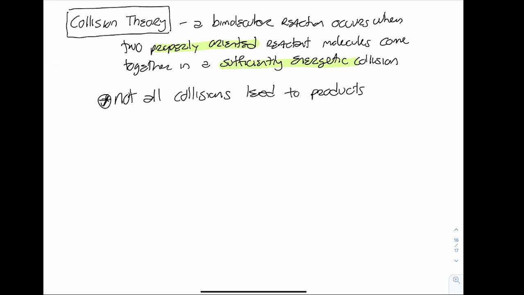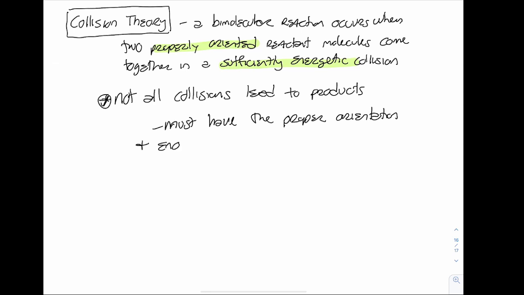Right? Two criteria to it, right? Must have the proper orientation, and I'll show you what I'm talking about here in a moment. And enough energy. And it needs both of those.